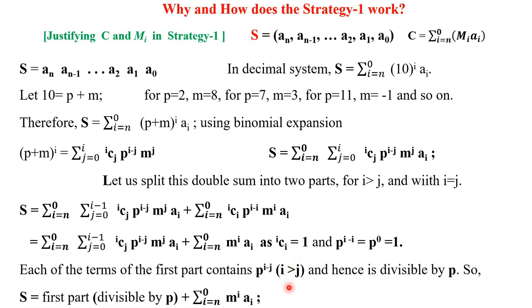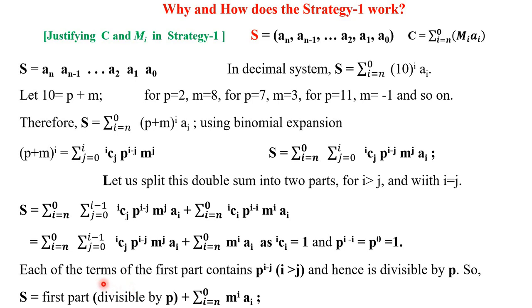Now interestingly, you have to note that in the first term, p to the power i minus j, and i is greater than j. That means in each of these terms, p or some power of p is there. So this part is divisible by p. So that means the left hand side first part is divisible by p.